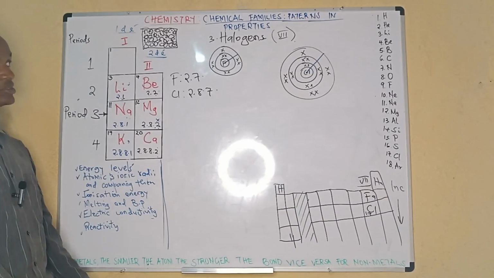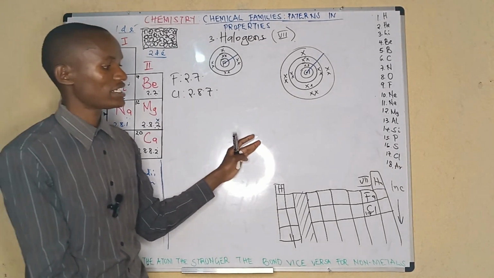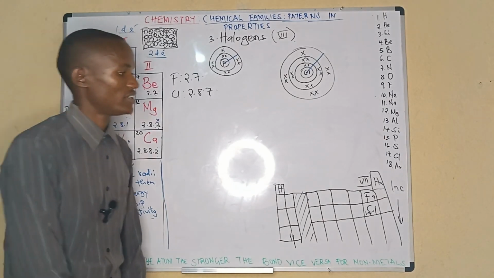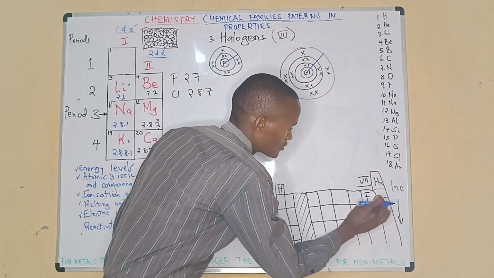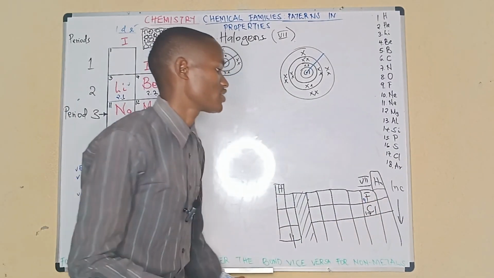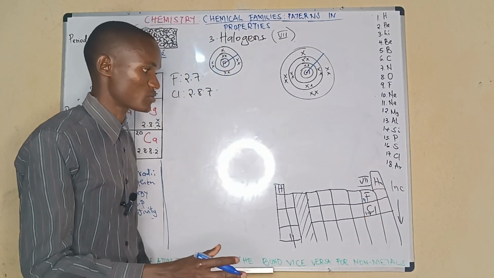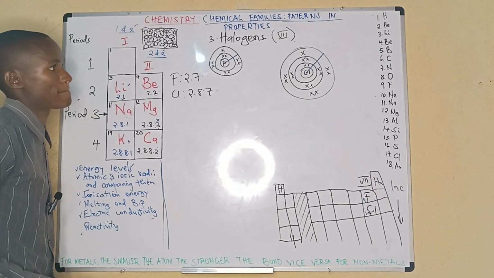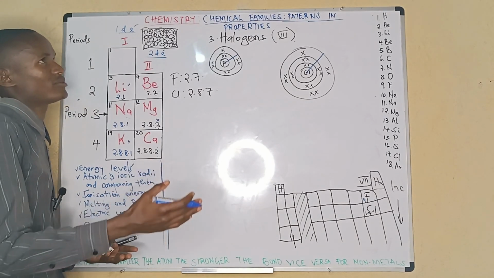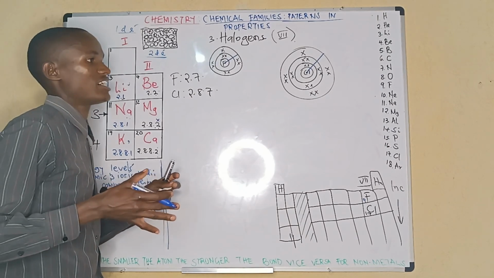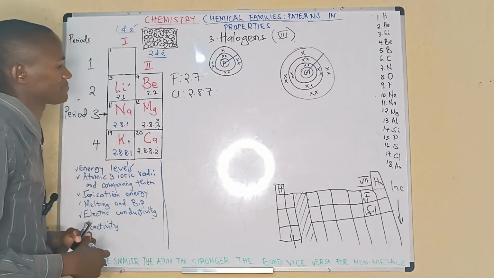And hence we conclude that the atomic radius increases down the group for halogens, group 7 elements. So bromine, iodine, astatine, they even have larger atom size.